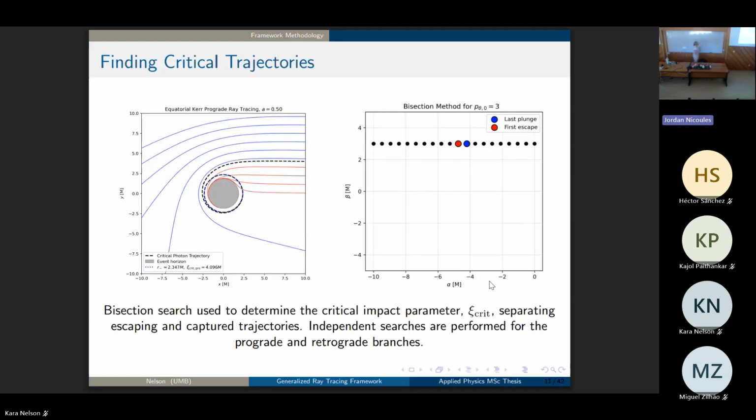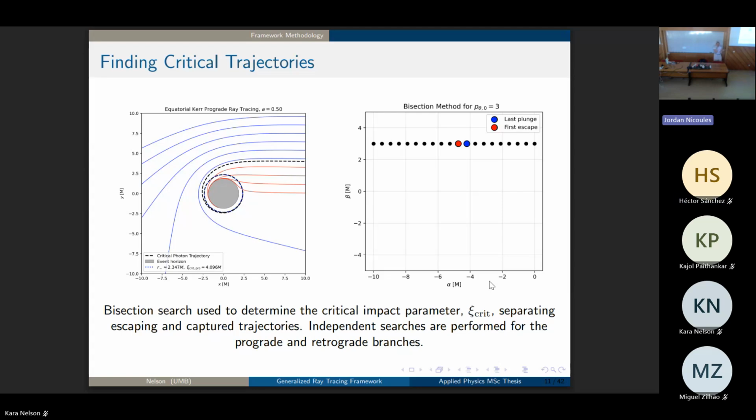Okay, so one of the really fundamental aspects of our code is being able to classify these trajectories and find the critical impact parameter that's going to contribute to the black hole shadow, and also the ones that contribute to the photon ring. So we use the bisection method. It's really easy to understand and easy to implement, and it also is robust. Basically we shoot a lot of trajectories.